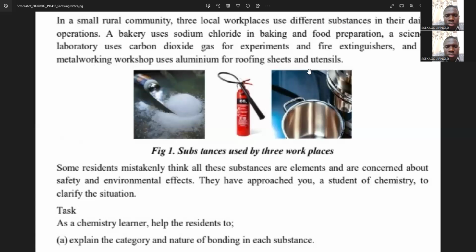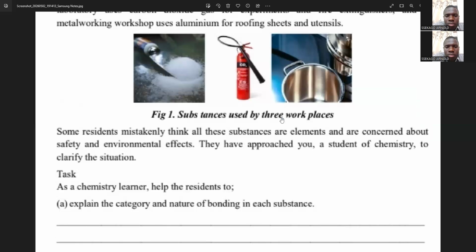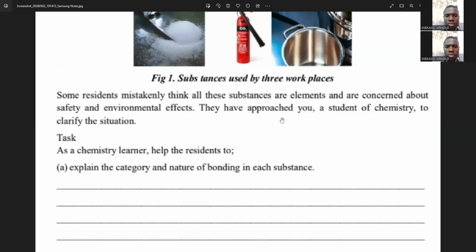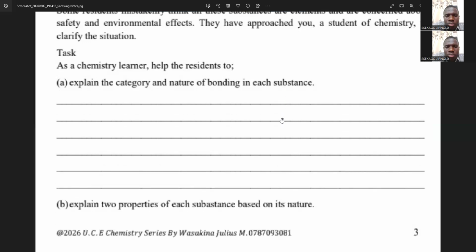So some residents mistakenly think all these substances are elements and they are concerned about environmental safety and effects. So they want you to clarify the situation. So part A, they want us to categorize, to explain the category and the nature of bonding in each substance.